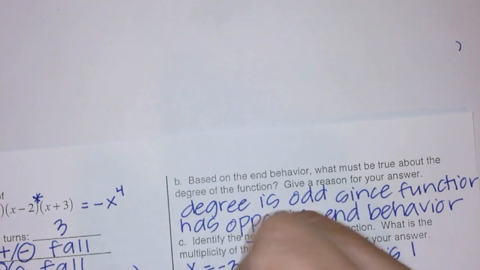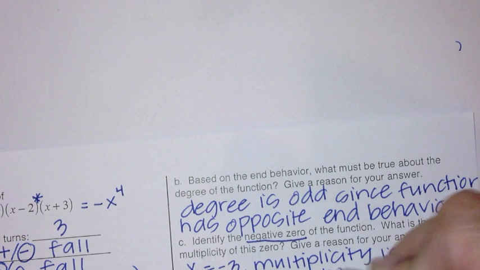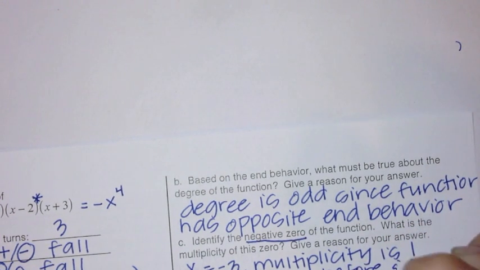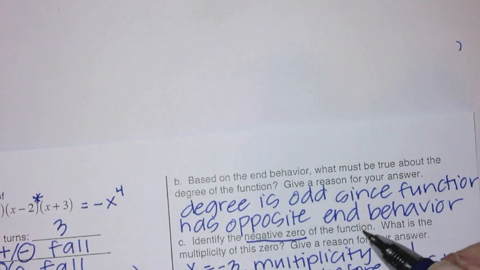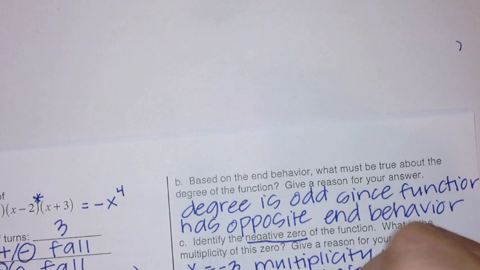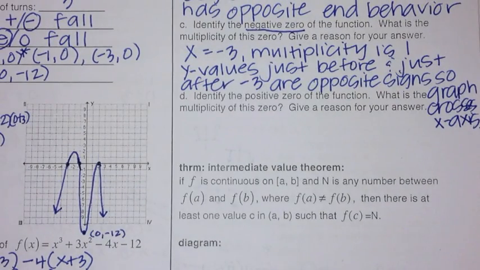The y values just before and just after negative 3 are opposite signs, so the graph crosses the x-axis. Let me put that up there so you can see it.